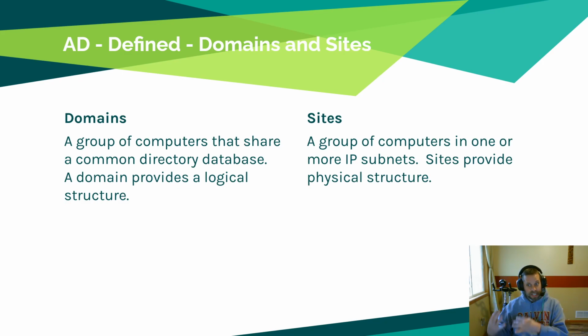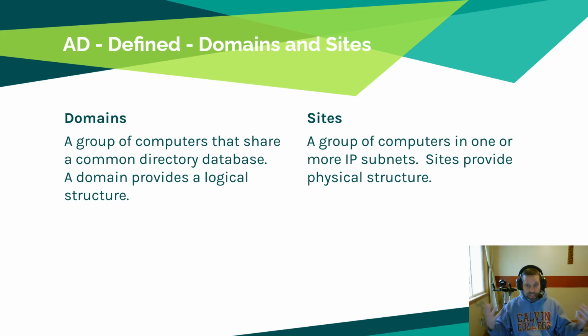We also have a site, which is a group of computers in one or more IP subnets. So this is going back to TCP/IP and IPv4, and you have a set of subnets. Usually a subnet is defined on top of a layer 2 network, which is more tightly defined in a geographic location, and we can bind together one or more of these IP subnets into a site, and this provides us with physical structure.